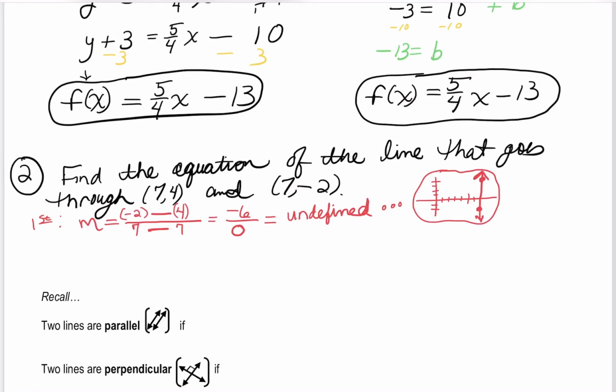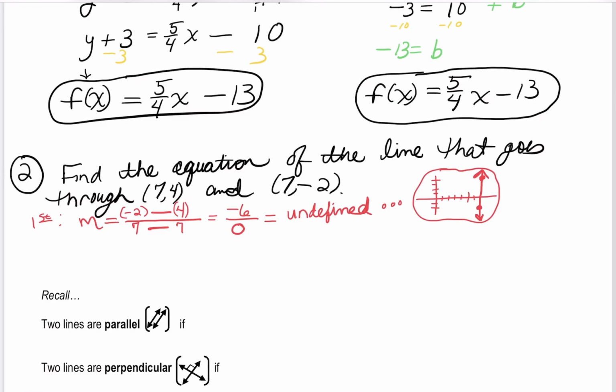And vertical lines, these are the only ones that aren't functions, but they have an equation. That's why I said in this one I didn't say find the function. They do have an equation, and these have the equation. So think about all the points that satisfy the equation. They all have that x coordinate that is 7. So x is 7.